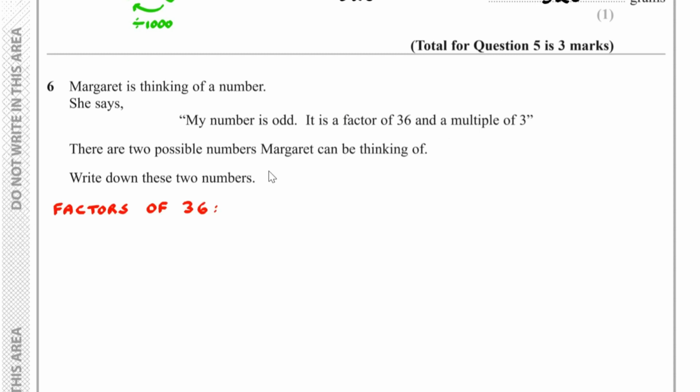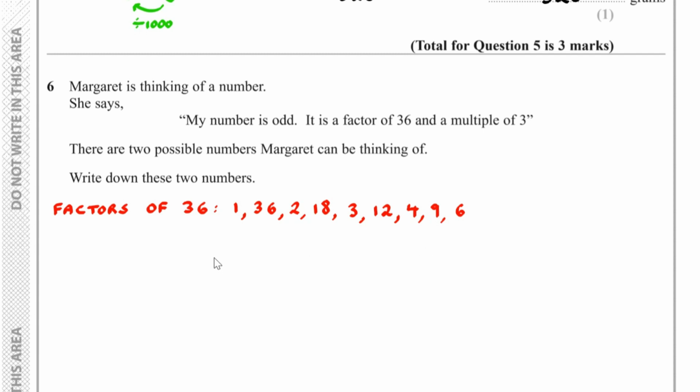So the factors of 36, we've got 1 multiplied by 36, 2 times by 18, 3 times by 12, then we have 4 times by 9, and then we have 6 squared.